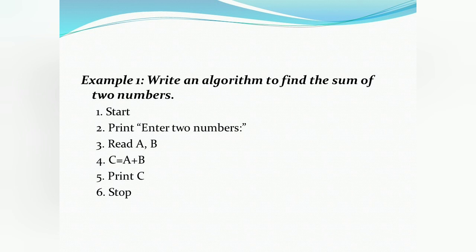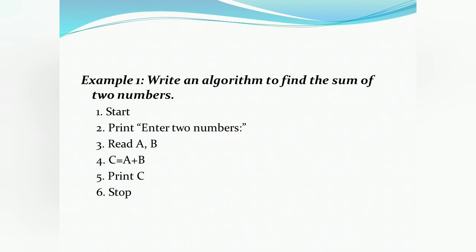Let's see one example. Write an algorithm to find the sum of two numbers. The problem here is to find the sum of two numbers. To begin the algorithm, we have to use the statement start. Next, we need two integer values. So declare two variables as integer. Take these two numbers as input. In the third step, write read a comma b.